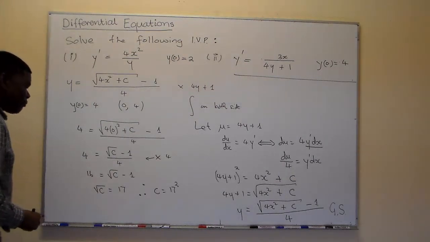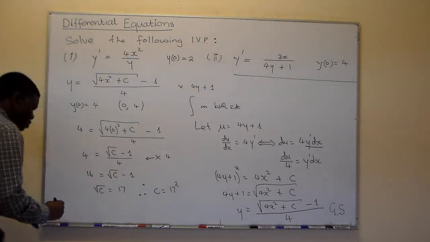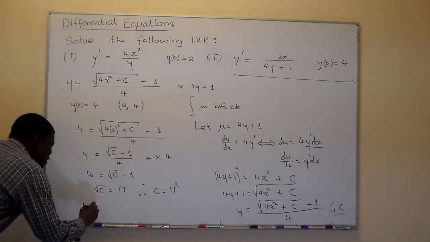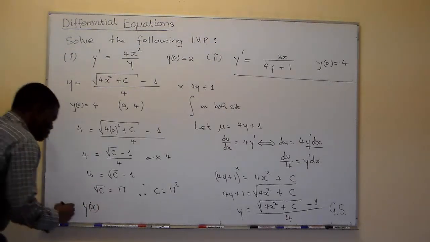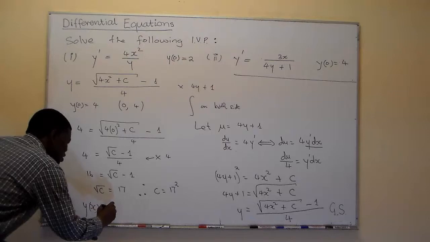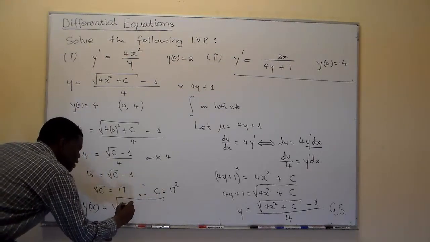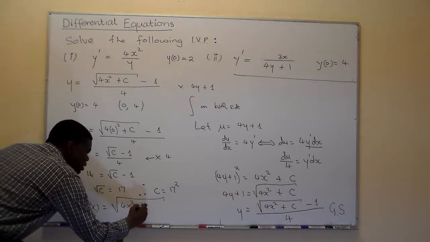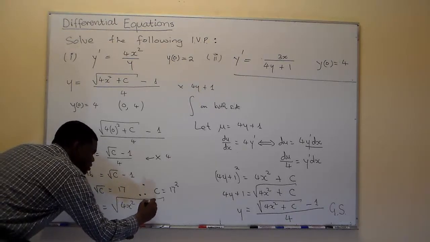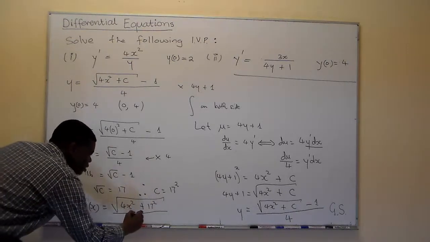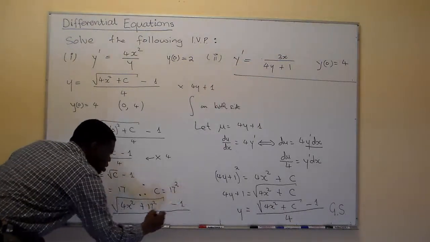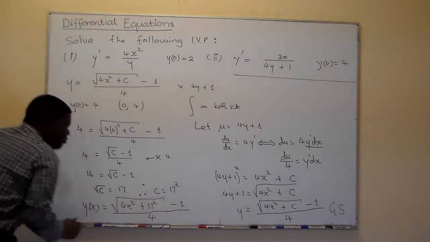So now finally our particular solution would be y, a function of x, equals the square root of 12x squared plus 17 squared, minus 1, all over 4.